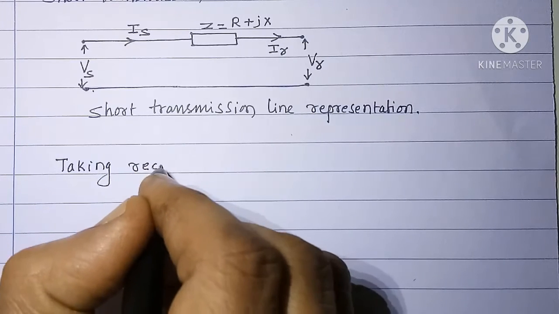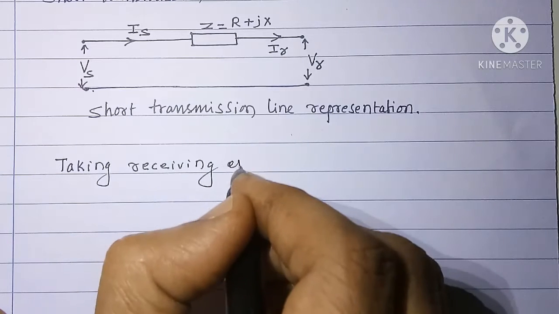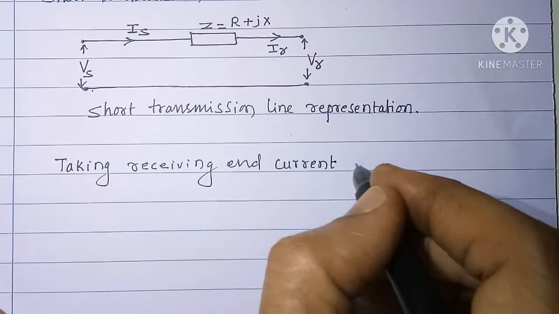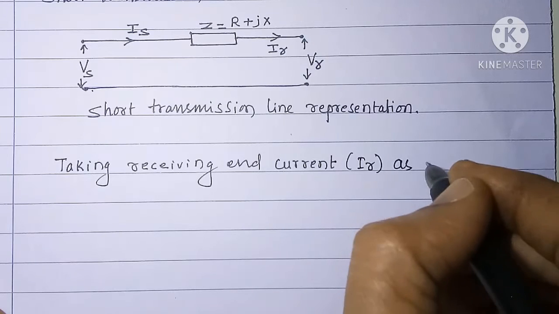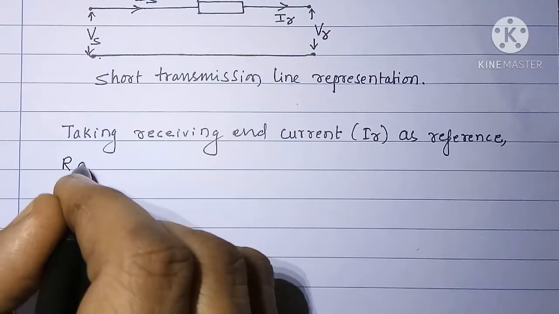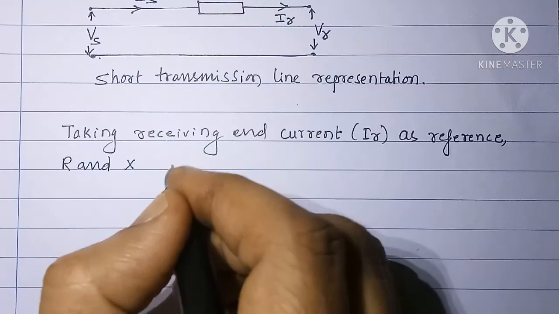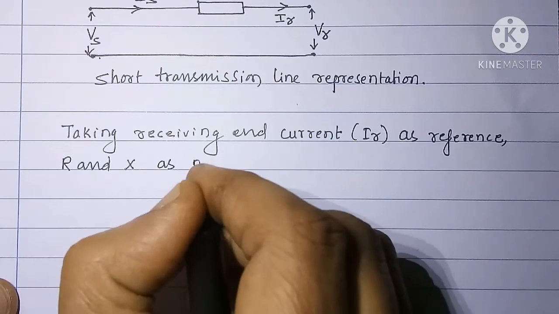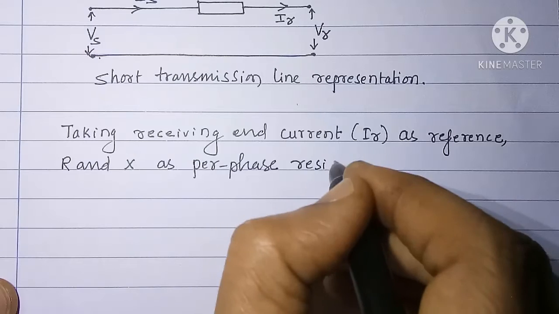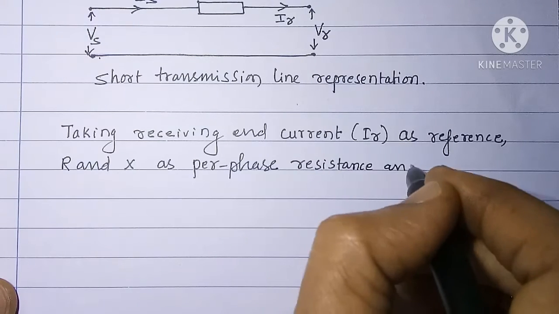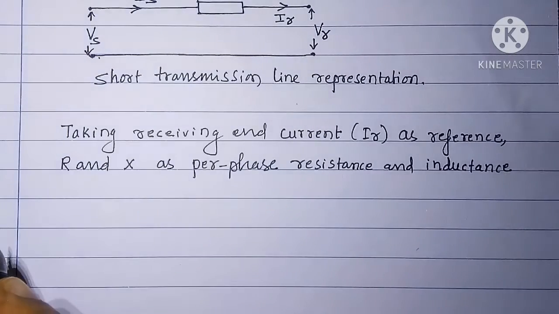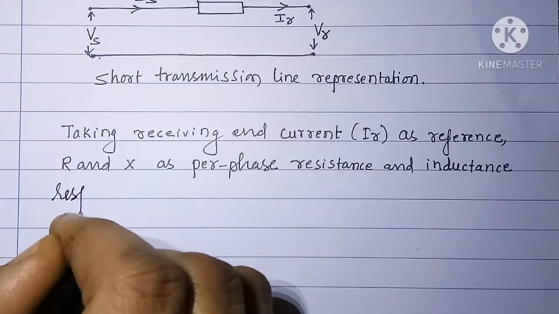Taking receiving end current IR as reference, R and X as per phase resistance and inductance respectively.